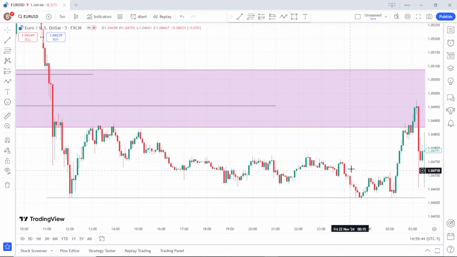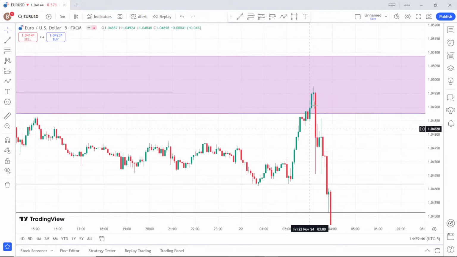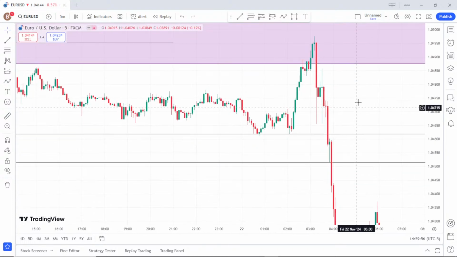Same thing on Friday. Bearish setup. Look at the displacement that followed. Big displacement, retrace into it and sell off. That is it.